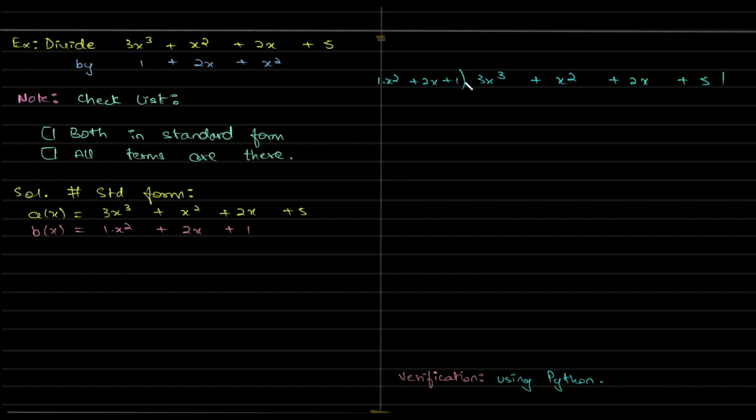Now take the first term of the divisor and the dividend. So we're looking at the procedure. Whenever you are dividing two polynomials, you should start by taking the first term of both the divisor and the dividend and divide them separately. This is rough space.